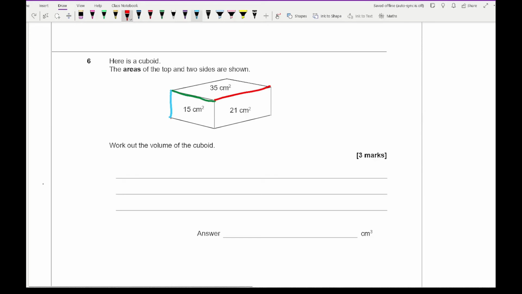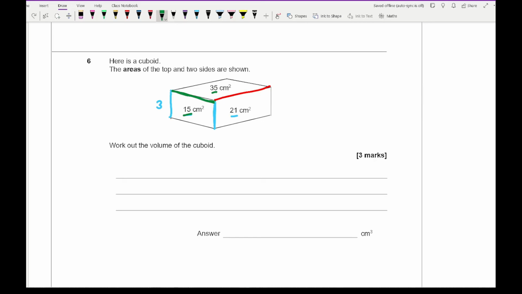Now, if I look at this side here, what part of the rectangle is that blue line connected to? Well, it's connected to this 15 and the 21. So you want to think of a common factor of 15 and 21. What number goes into 15 and 21? Well, that's going to be 3. For the next one, we've got this green line. That green side connects to the 15 and the 35.